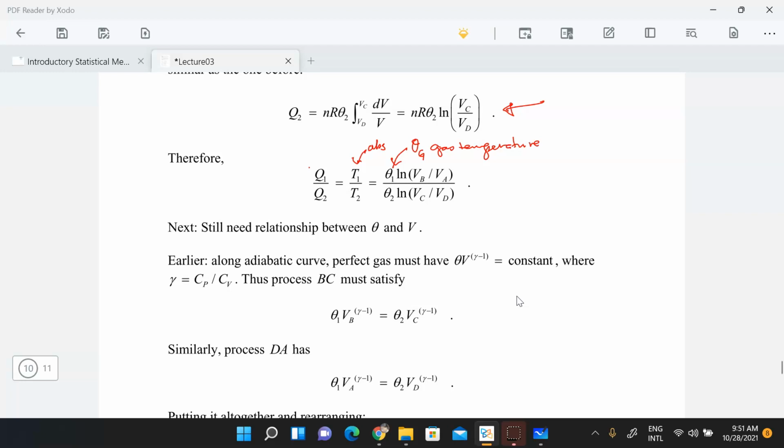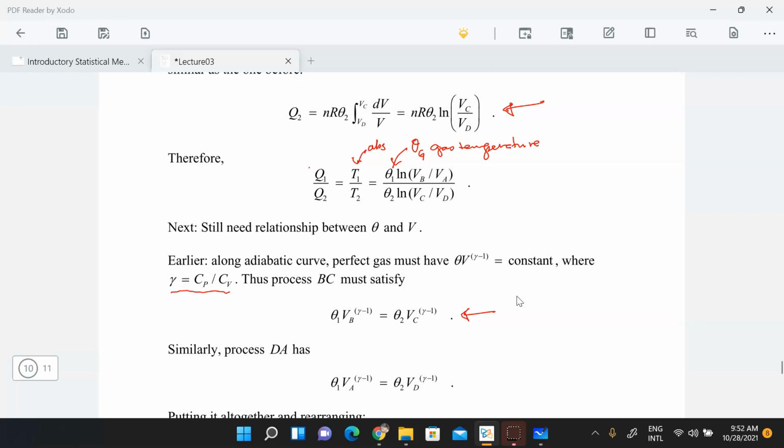Okay, so then what's gamma? You might recall gamma is essentially the ratio between the heat capacity at constant pressure divided by the heat capacity at constant volume. So in the case of the process B to C, you should have that, because it must be constant for an adiabatic process.